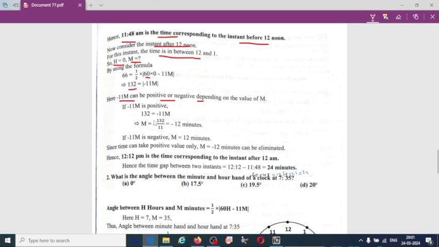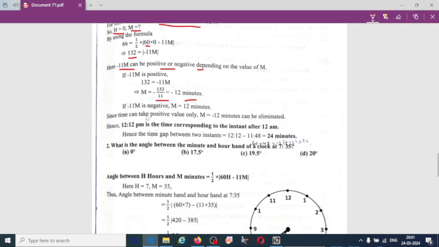So m is equal to, if we take the negative, that means minus 12 minutes, 132 divided by 11. So if m is positive, m equal to 12 minutes. Here only you can write the positive and negative values.